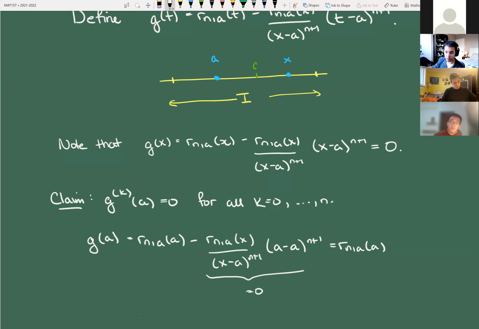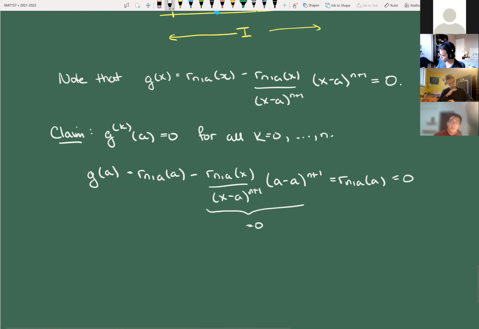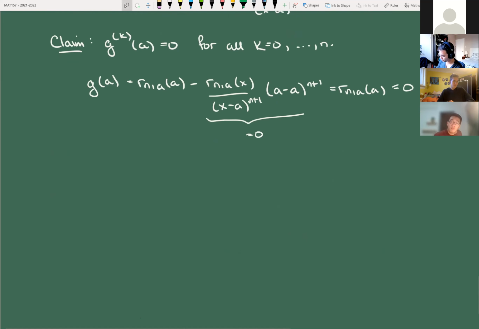Like we said, by construction of the Taylor polynomial, this thing ends up being 0. Let's not worry about good approximations. The construction of the Taylor polynomial guarantees that R_n,a's derivatives all the way up to n are all going to be equal to f's, and so therefore it is just equal to 0. Okay? So this is definitely true when k is equal to 0.